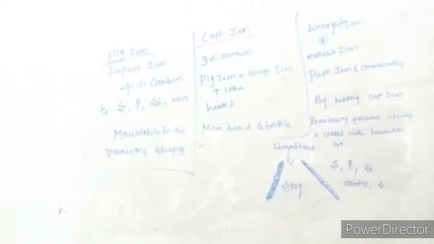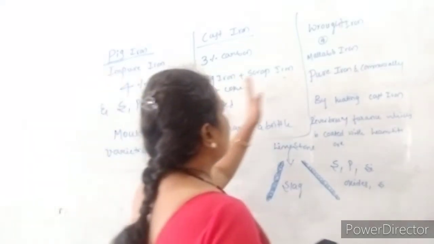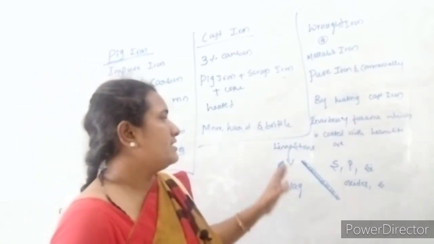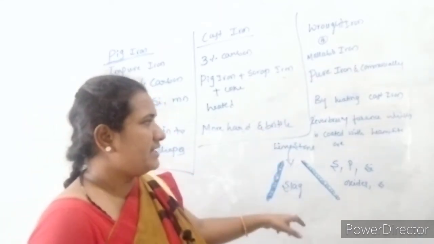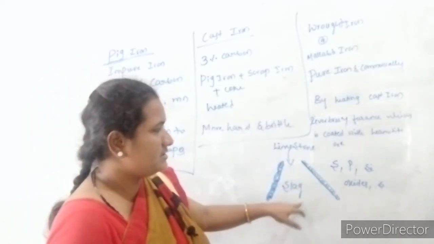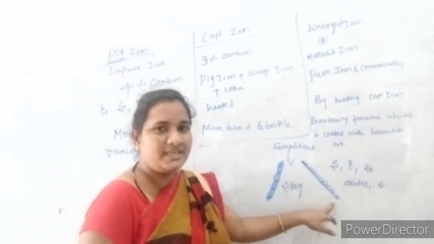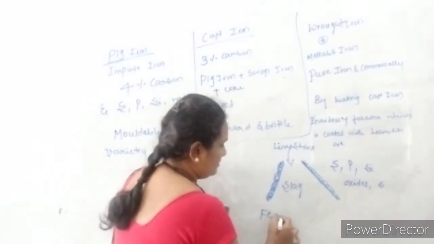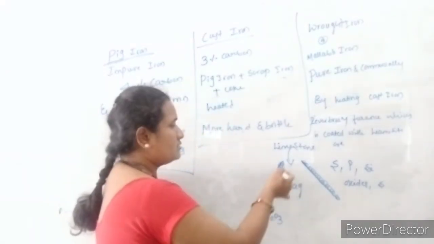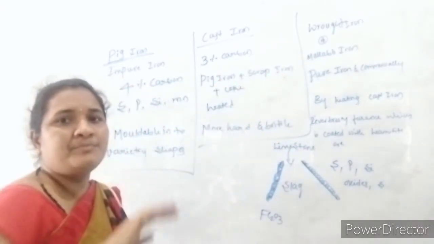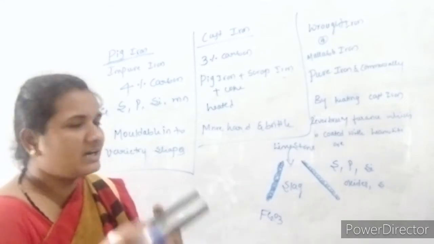In this way we are going to get the pure form of iron, the wrought iron. So it's understood. Firstly we have to take the cast iron. It should be entered into the reverberatory furnace, which is lined with the hematite ore. Here the main impurity is carbon, so we have to remove carbon first.